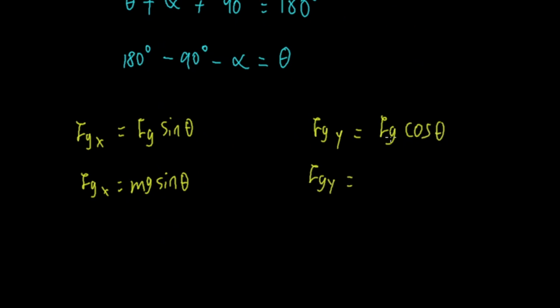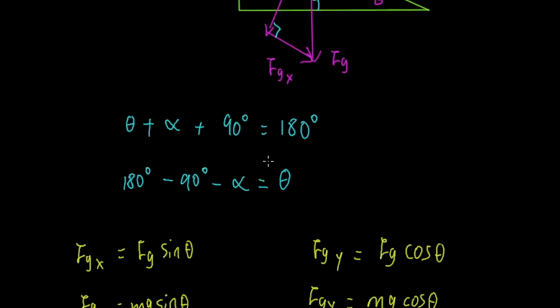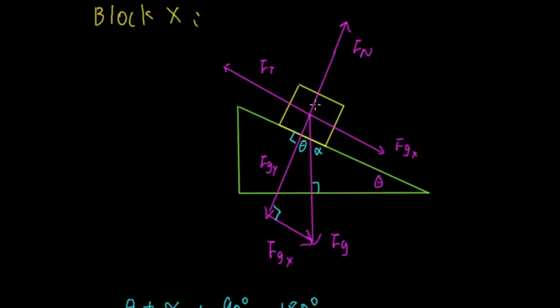Again, Fg is mg, mass times gravity, cosine theta. Now, like I said at the beginning of the question, we don't need to worry about the force of gravity in the y direction. We just have to worry about the force of gravity in the x direction, which is this one, right?